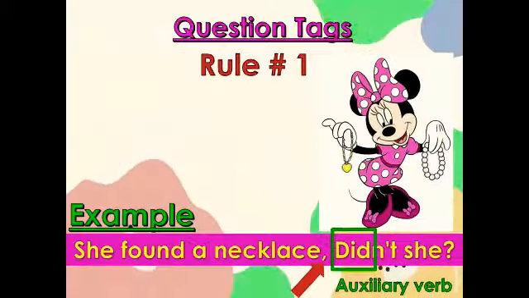For example, see this example critically. She found a necklace, didn't she? And we use did as an auxiliary verb, because it's simple past tense, so we use did here in the question tag. I hope you got it.